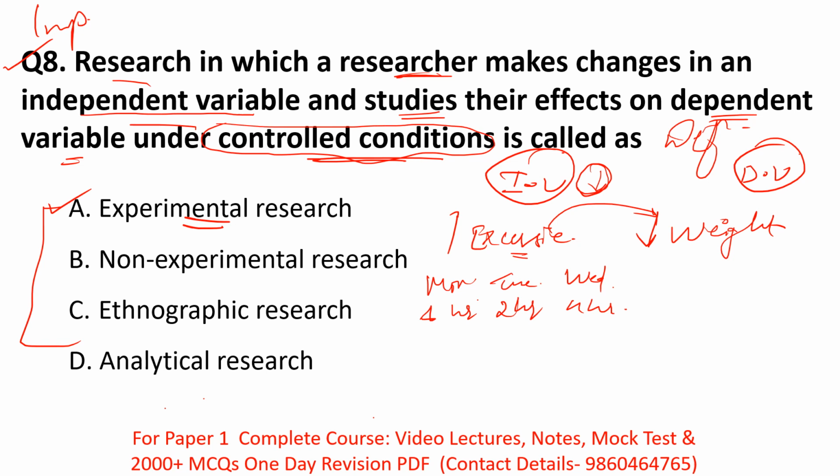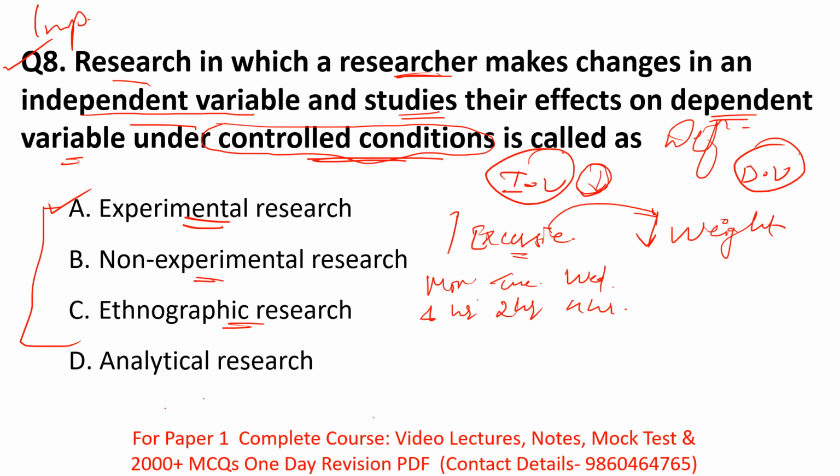Then we will see the other options, which are incorrect. Non-experimental research means you do not do proper experiments. Ethnographic research means you are doing research on proper behavior in that area; it is a qualitative type of research, where you collect data on a qualitative basis.